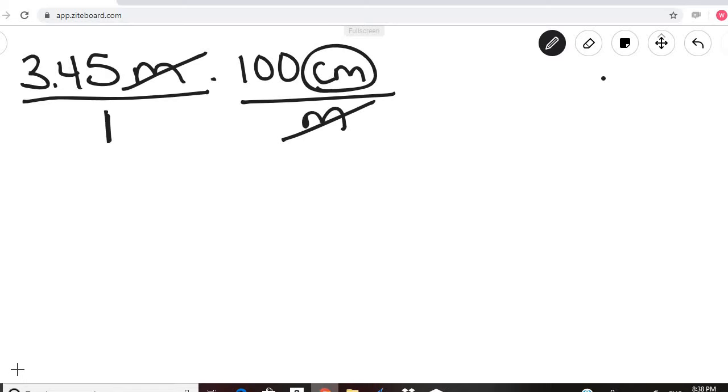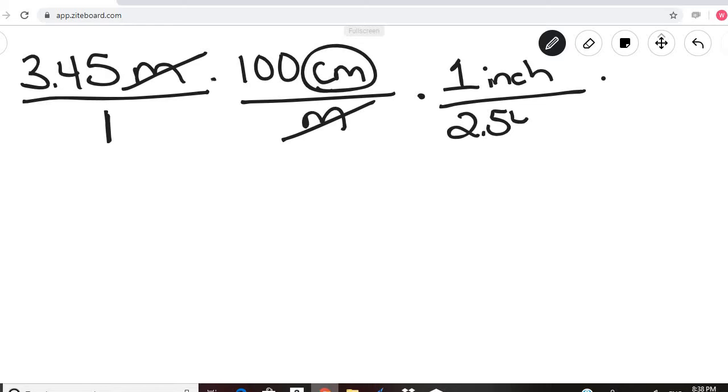And now we're in centimeters, and now we can multiply that times 1 inch, which is what we want to end up with. And 1 inch is equal to 2.54 centimeters. And so centimeters will cancel, we'll be left with inches.